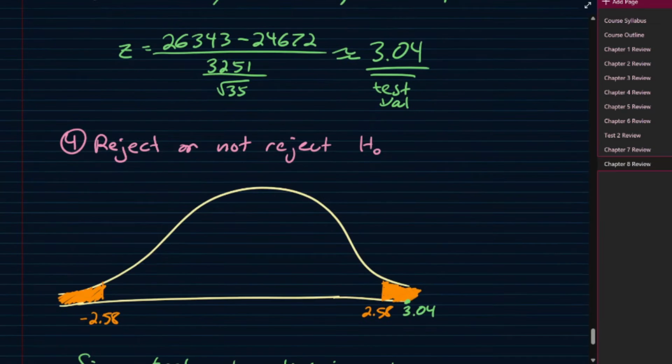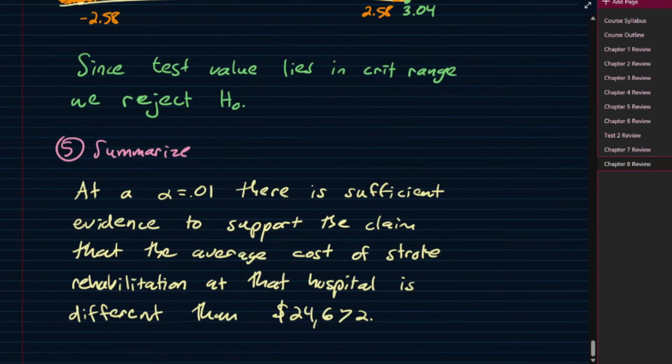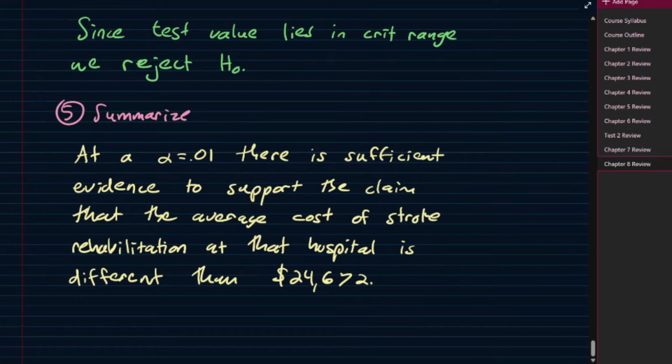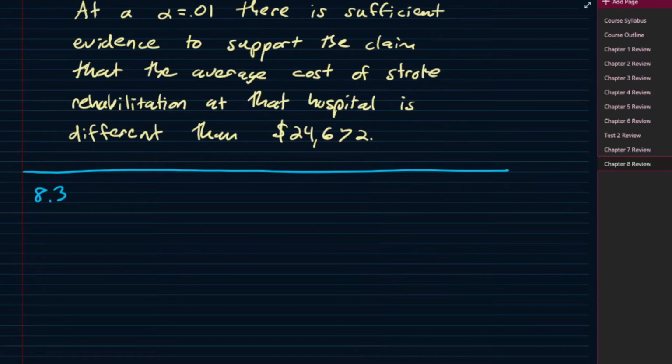We're just now contextualizing what these values mean and how to show that data to people, essentially. So let's go ahead and continue and look at section 8.3, which is on when sigma's unknown. And for that, we use a t-test.